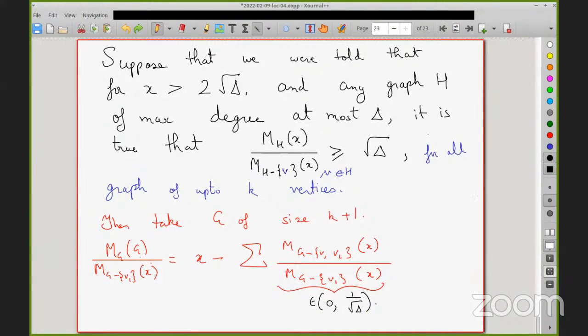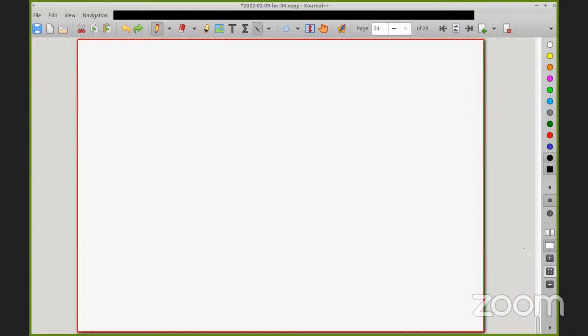But then what? There are at most delta many subtractions.